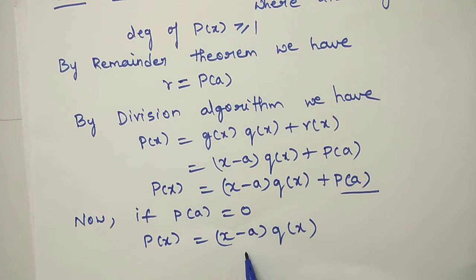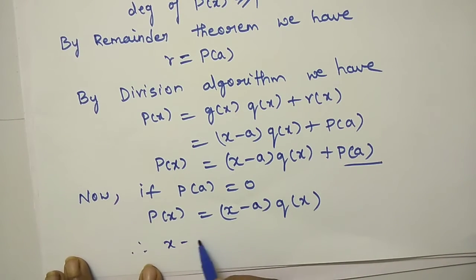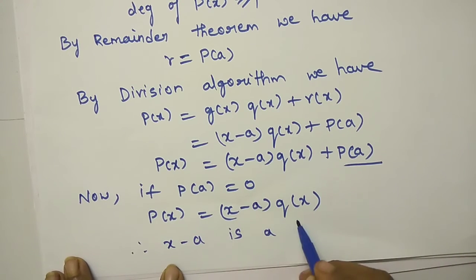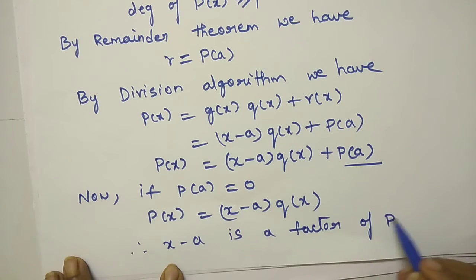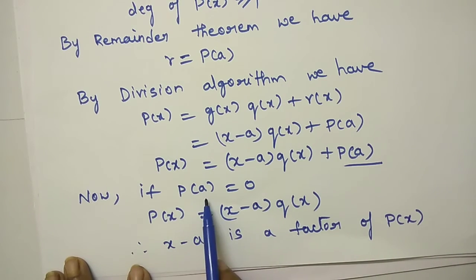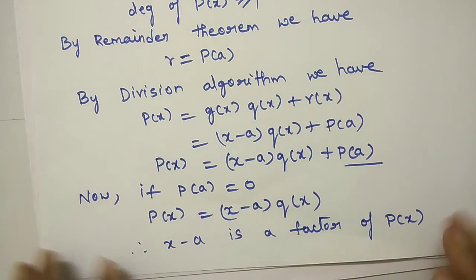When it is expressed as a product of a linear polynomial and another polynomial, this means it is a factor of P of x, is it not? Only then can we express these two as a product. So clearly x minus a is a factor of P of x. If P of a, this remainder, becomes 0, then x minus a becomes a factor of P of x. This is one statement of the factor theorem.